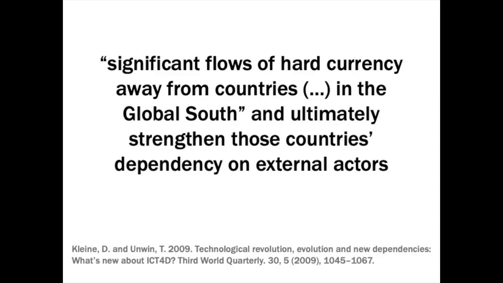There's a sense within ICTD that for a system to be successful, it must be scalable or commercially viable. However, there's a lot of evidence to suggest that these systems lead to significant flows of hard currency away from countries in the global south and ultimately strengthen these countries' dependency on external actors, for example, in the United States. Yet this raises questions about whether or not these systems really address inequities or just deepen them.